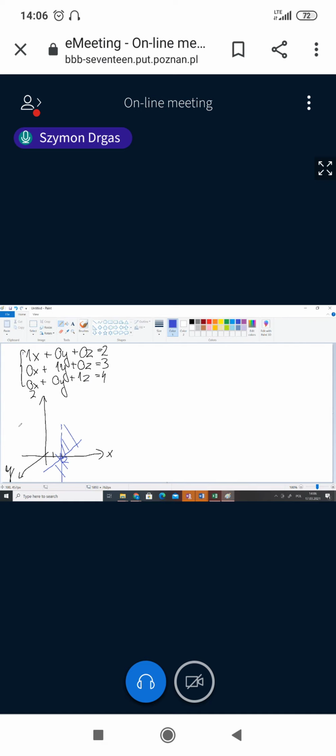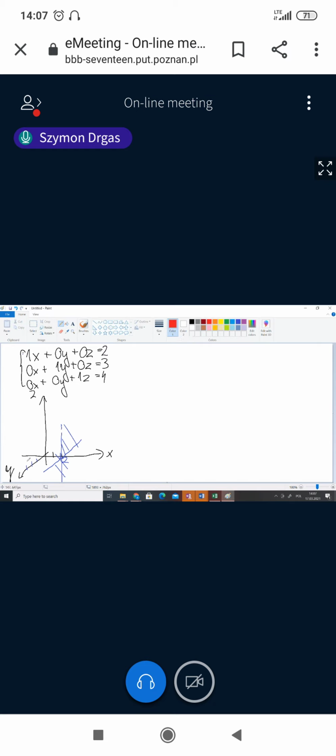Okay, and the next equation is y is equal to 3. So in this case, y is equal to 3, no matter what the x and z values are.